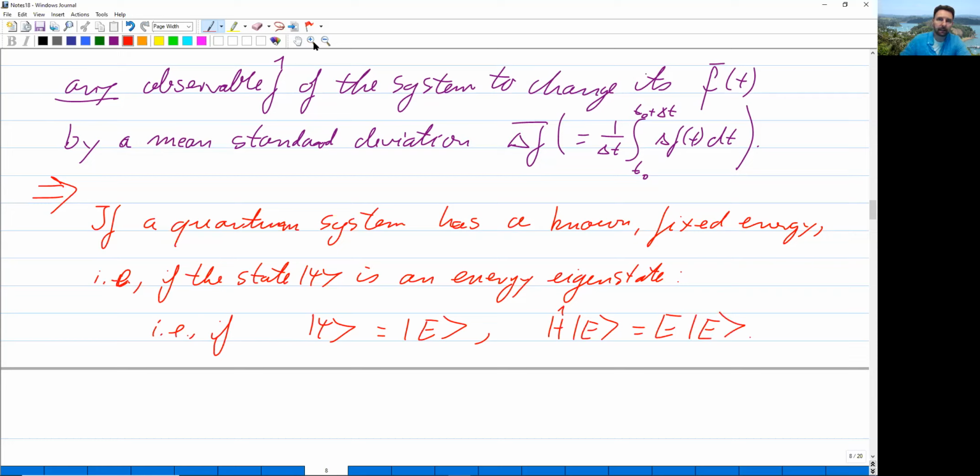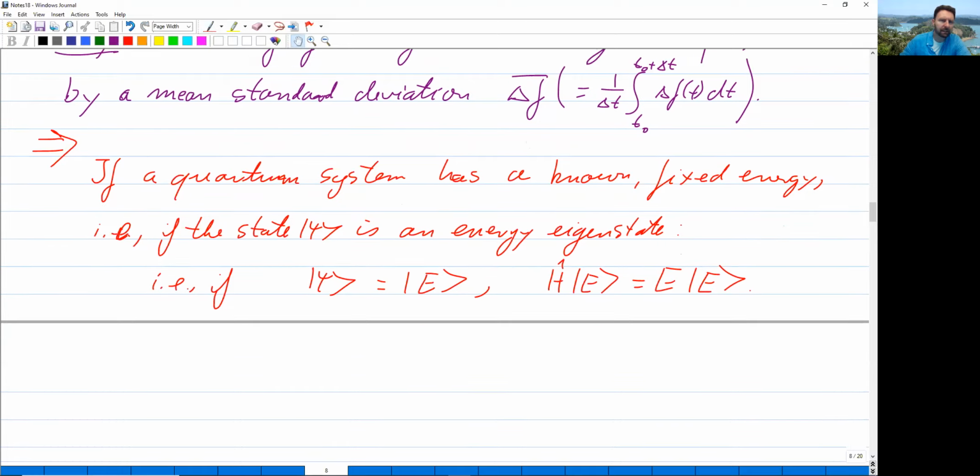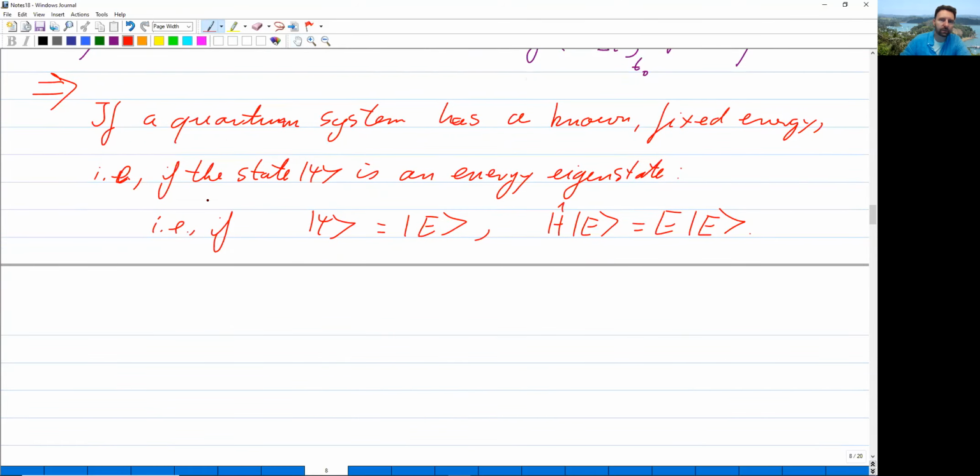well, then, and I think we covered it before, but let me just prove it to you again because it's so important. If a system is in an eigenstate of an observable, then the uncertainty in that observable is vanishing, and vice versa.